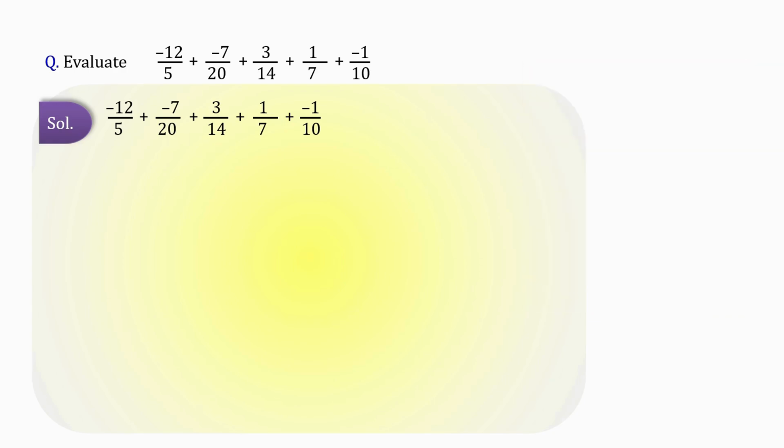So we got LCM as 140. Now we need to multiply a number with 5 so that we will get 140, and we have to multiply the same number with this rational number in both numerator and denominator. So we got 28.